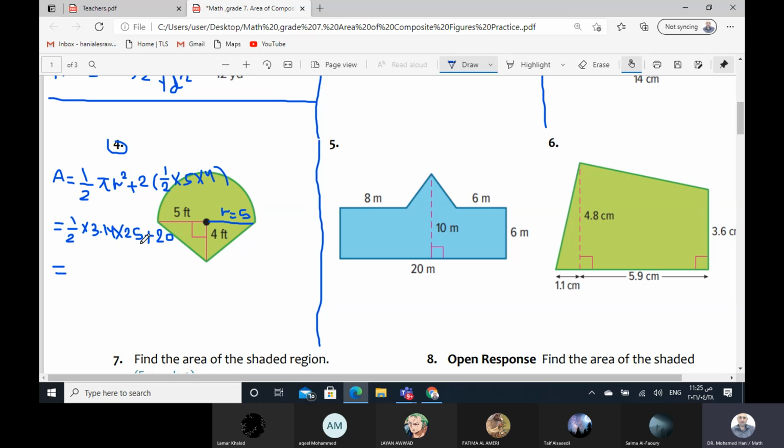Now here we want to multiply 25 times 3.14, then divide by 2. So the answer will be 39.25 plus 20.